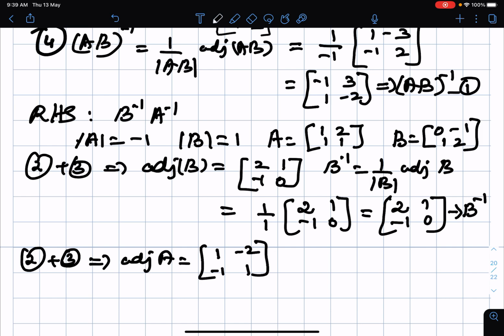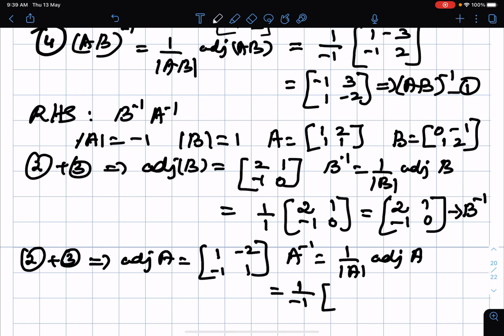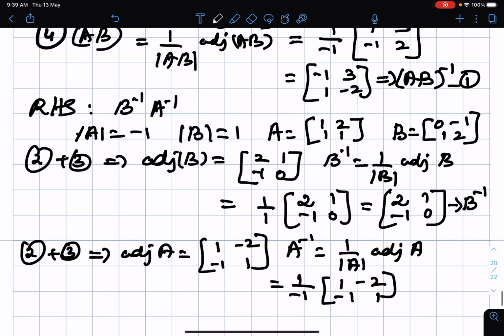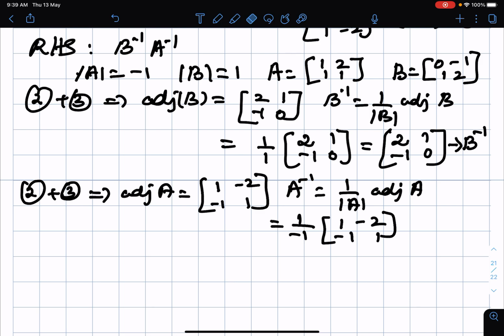Now A inverse. What is A inverse? 1 by determinant A into adjoint A. 1 by determinant A. Determinant A you have given the value as minus 1. So it is going to be 1 by minus 1 into adjoint A is 1 minus 2 minus 1 1. So when you take the minus inside, plus will become minus and minus will become plus.